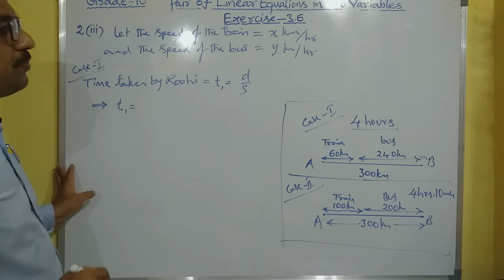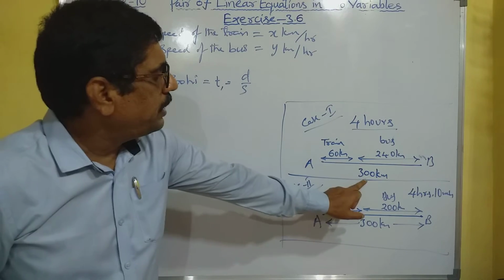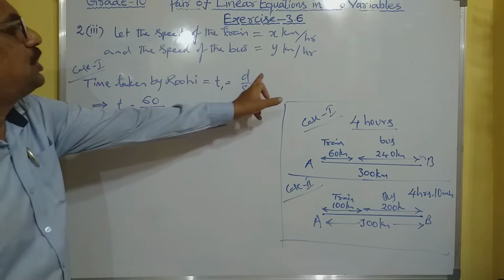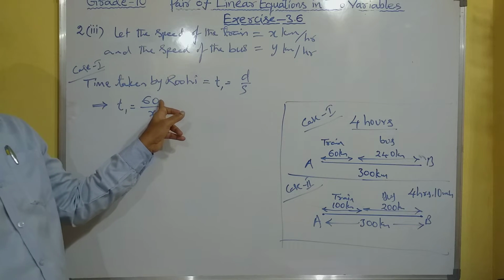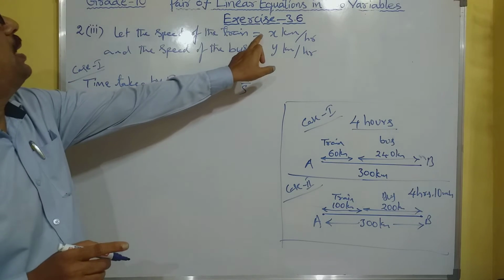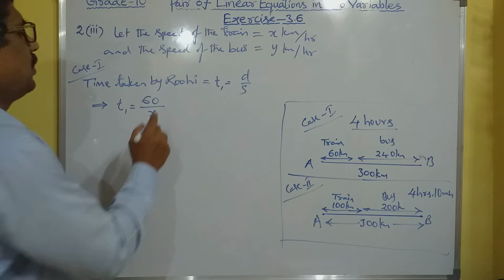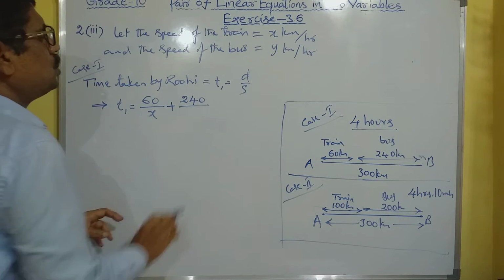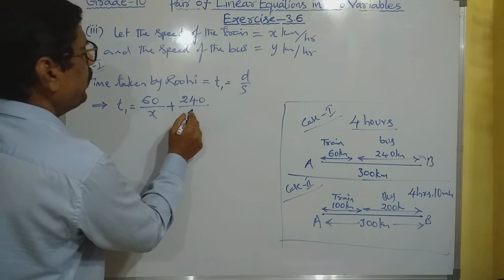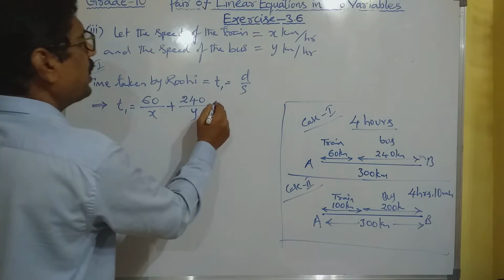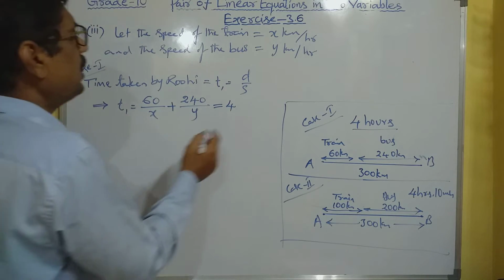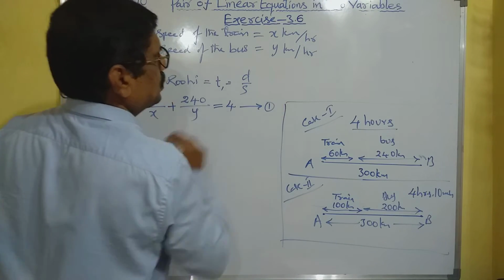T1 is equal to 60 kilometers by train, so 60 by x, distance by speed. 60 kilometers distance she traveled by train, so the train speed is x, and the remaining 240 kilometers she traveled by bus. The bus speed is y. Then the total time she took is 4 hours.